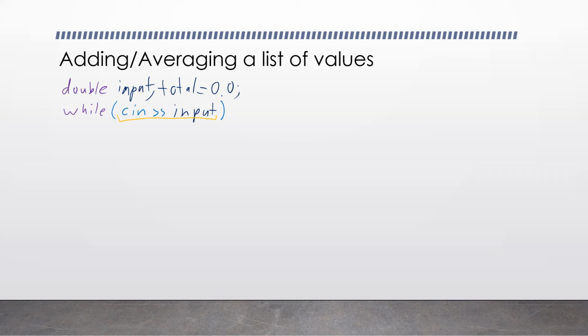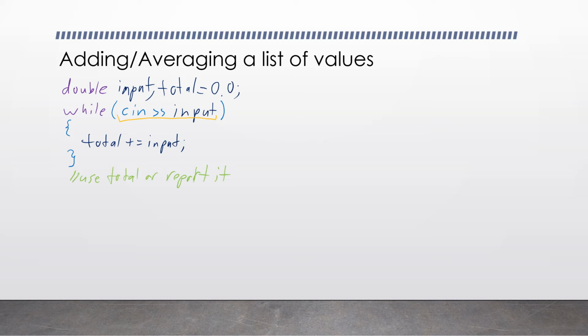So while cin input, then we're going to say total plus equals input, and that's really all we have to do. Then down here we're going to do something to use the total or report it. Maybe we cout total, or maybe we pass total to another procedure that will do something different.